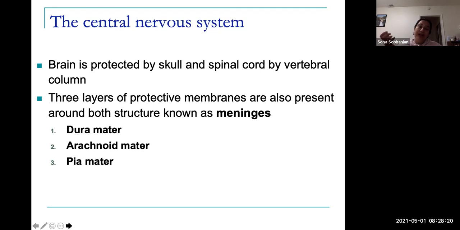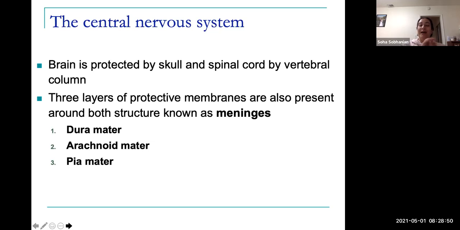In addition to that, and I briefly mentioned it a few lectures ago, we also have layers of protection that surround the brain and spinal cord, called meninges. I think a lot of you may not have heard of the word meninges, but you have heard of the medical condition called meningitis, because we did have an outbreak maybe 3 or 4 years ago, before this whole COVID happened and everything went down the drain.